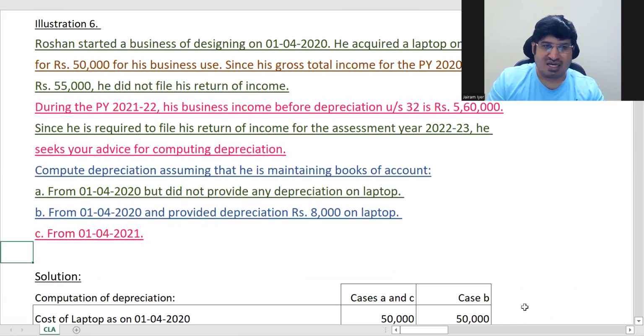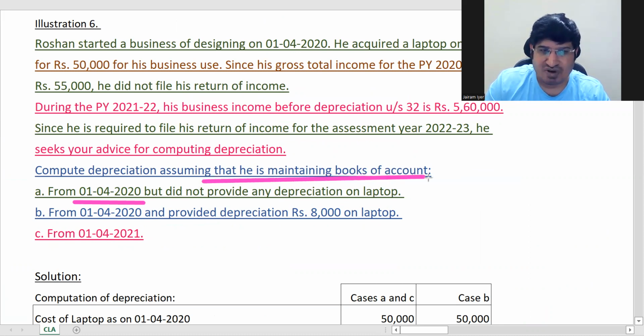ओके ये है तो इसमें अगर हम देखेंगे ये प्रॉब्लम में, so here from 1/4/2020, assuming that he is maintaining books of account from 1/4/2020 but did not provide depreciation, and he started maintaining from 1/4/2021.